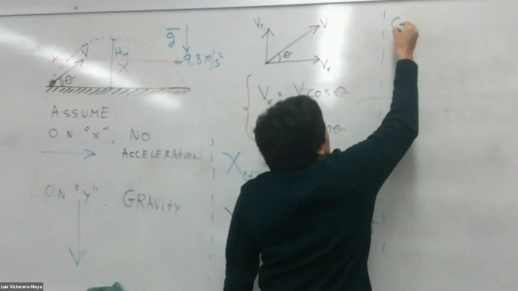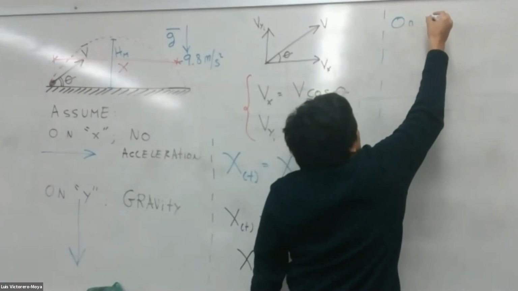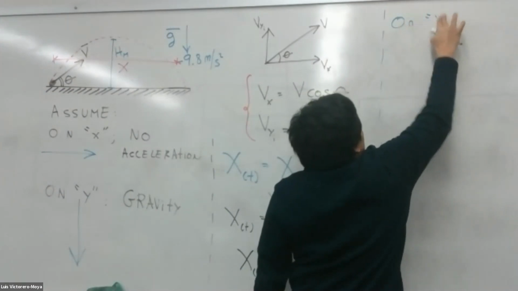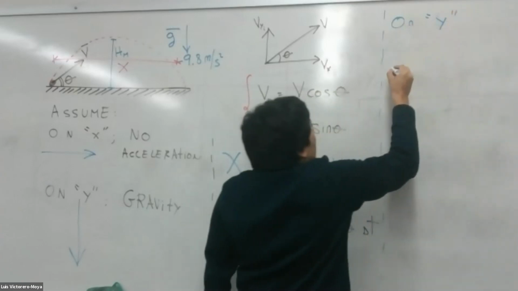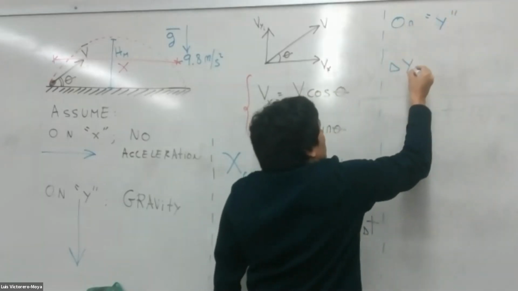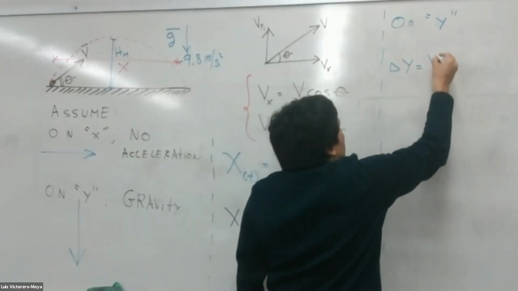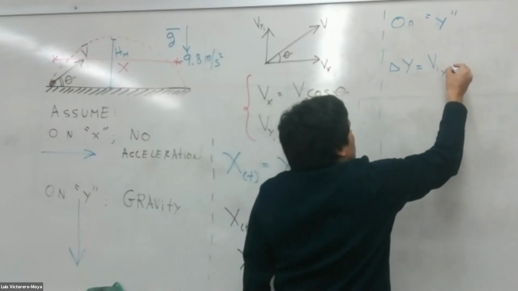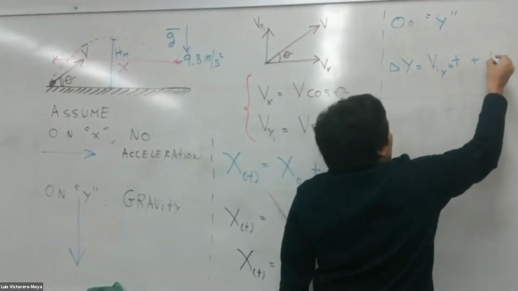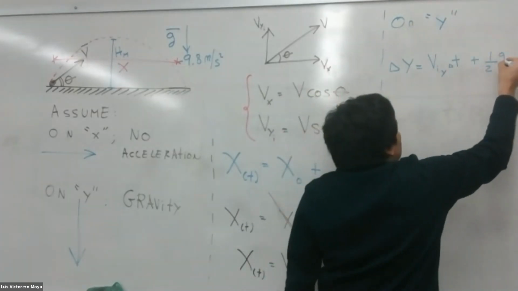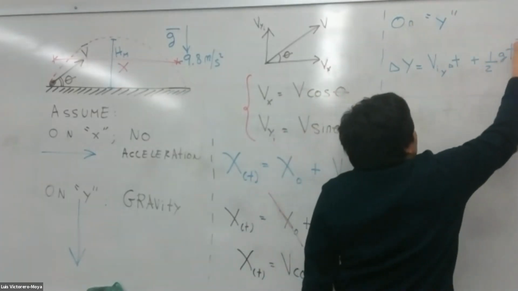On y, delta y is the initial velocity on y times delta t plus one half gravity times t squared.